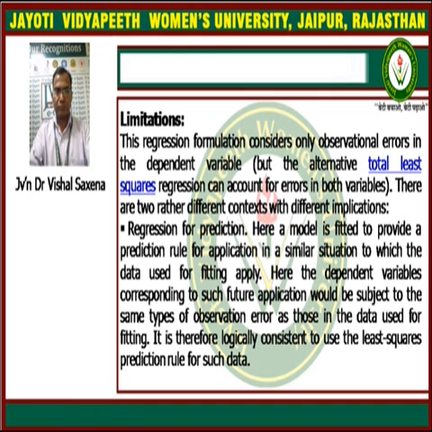First, regression for prediction. Here a model is fitted to provide a prediction rule for application in a similar situation to which the data used for the fitting apply. Here the dependent variable corresponding to such future application would be subject to the same types of observation error as those in the data used for fitting.